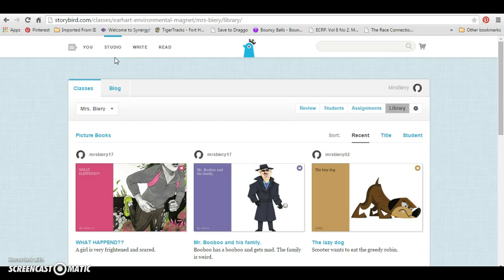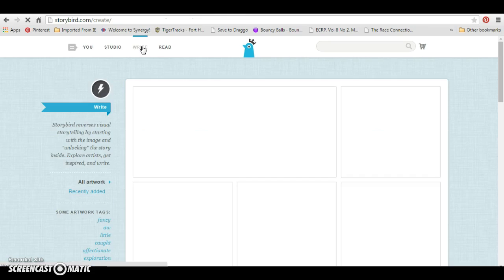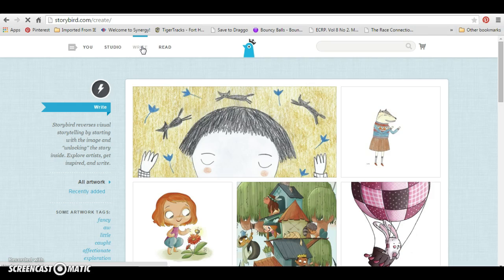So let me kind of show you what the students would do. There are two parts. They can either write a story, so they just kind of click on write. If they're going to write stories, how they start is Storybird kind of works backwards.